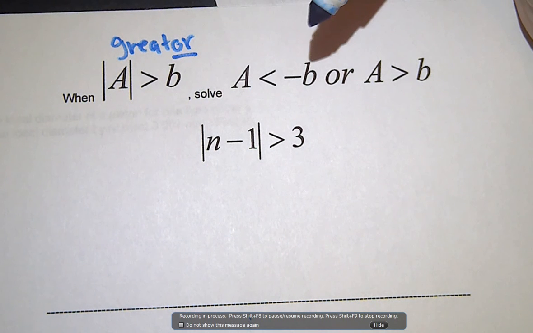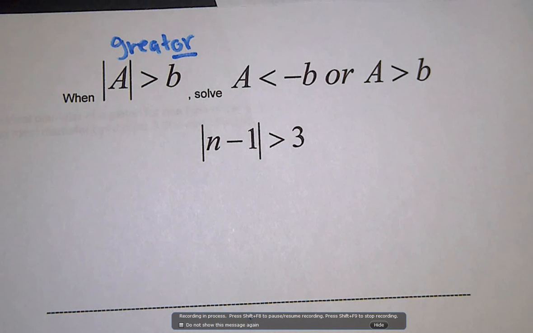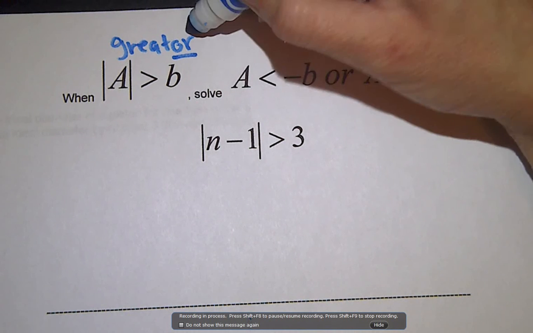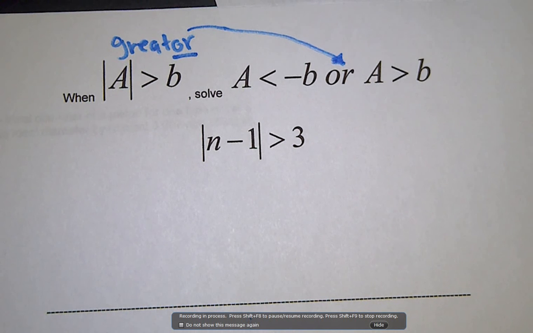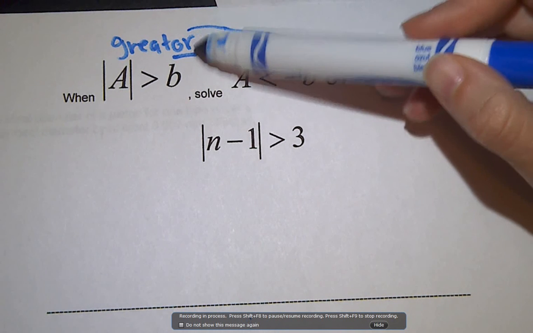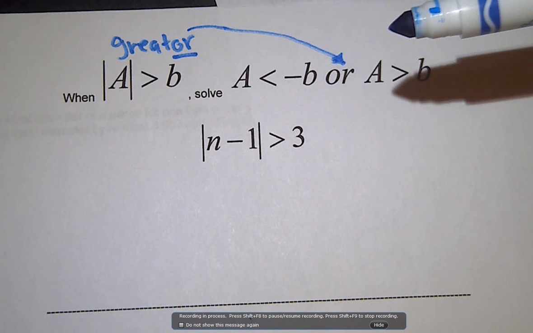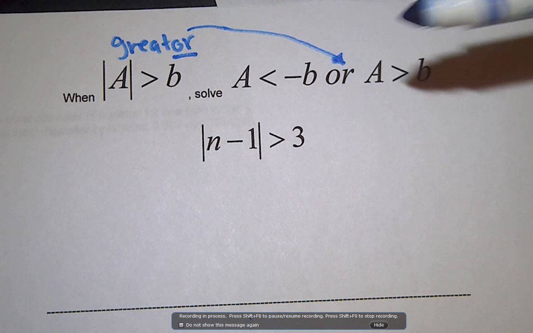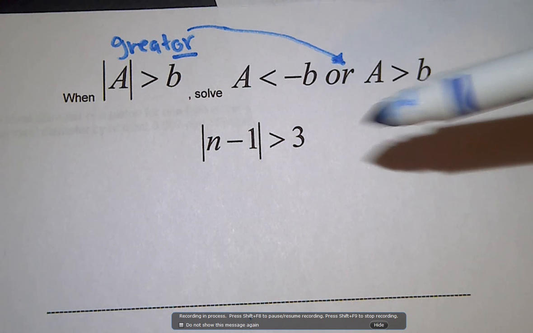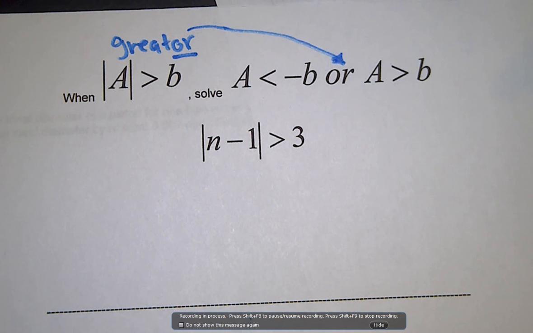And you do have to have these memorized for the test. So this is an OR compound inequality. These word plays are just to help you remember which compound inequality to use. If it's less than, then you're going to use and. If it's greater, then you use this OR one. So make sure you have that written down.